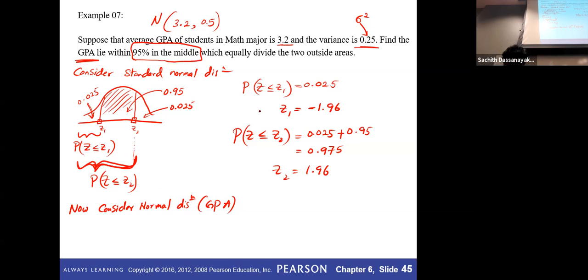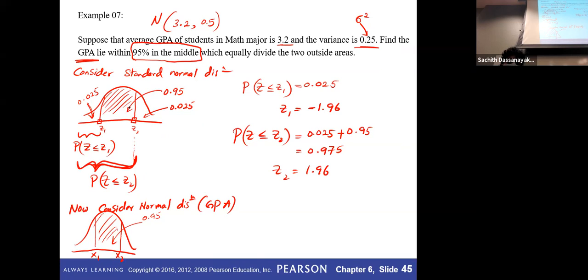Now, this is my normal distribution. This is the 95%, which means 0.95. This area. So I need to find here X1 and X2. That was the goal, right?